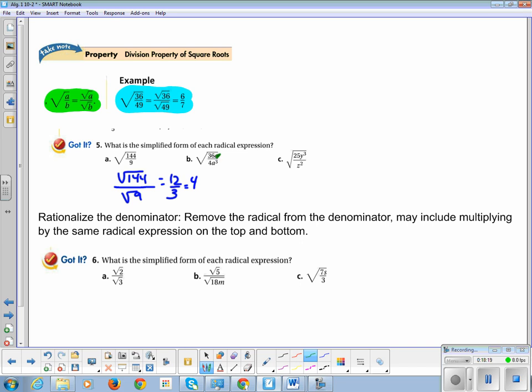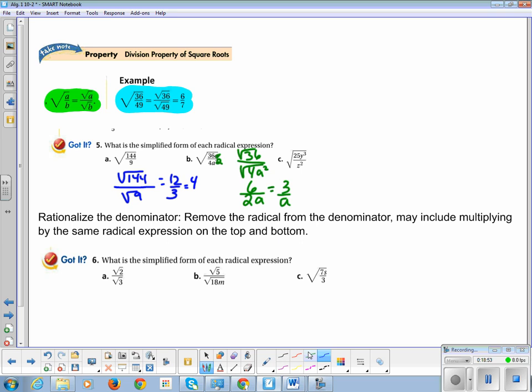The a here cancels one of those, and I just have a squared. Then I split up the radicals, and I have the square root of 36 is 6, the square root of 4 is 2, and the square root of a squared is a. Then I know 6 over 2 is 3, and a's on the bottom.